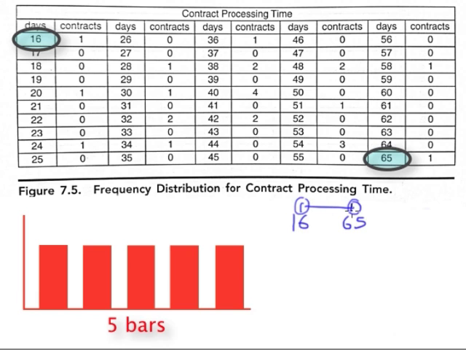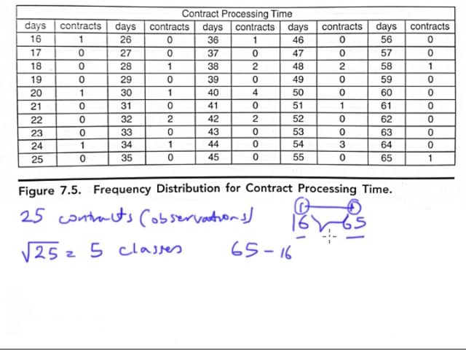First we find the range, 65 minus 16, which gives us 49. Since we are also including 16, we need to add that extra 1, giving us 50. So the range is 50, including the 2 endpoints.